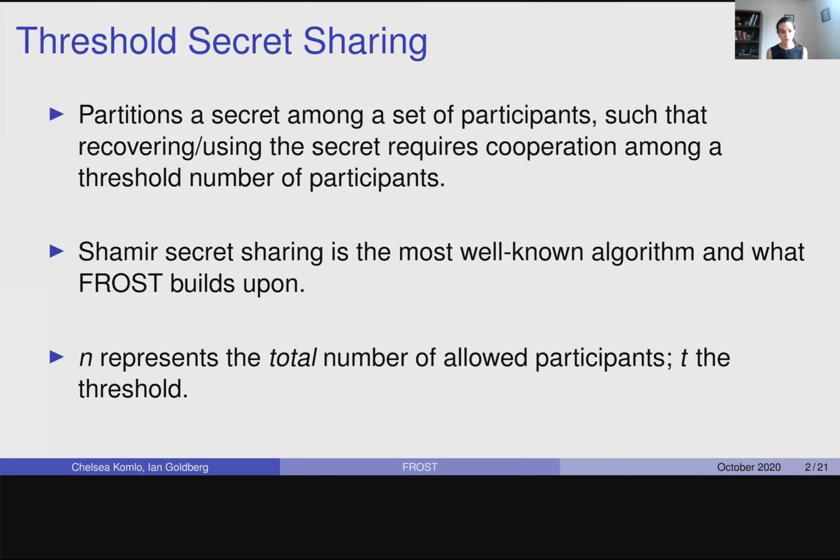And just in terms of notation, here we'll use N, and this is general in the secret sharing literature, to represent the total number of allowed participants in the secret sharing scheme. And we'll let T denote the threshold. So in threshold signature schemes, T is the threshold and N is the total number.